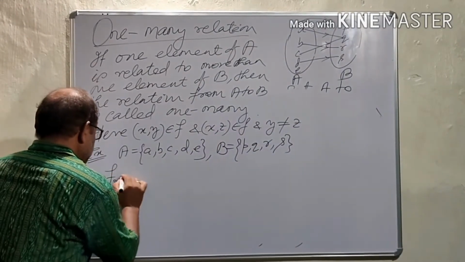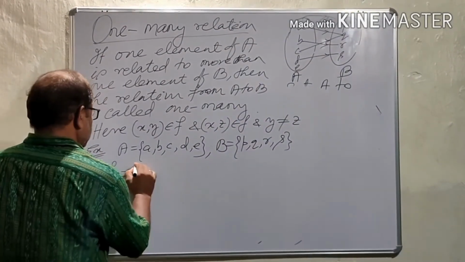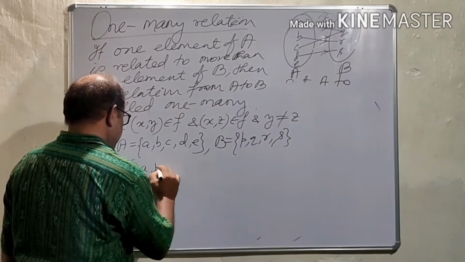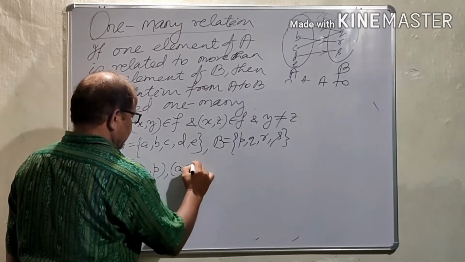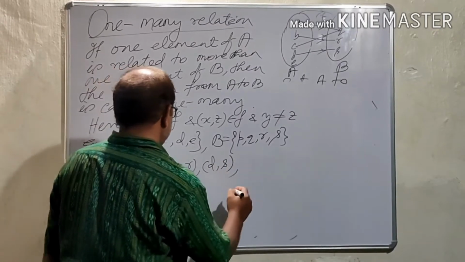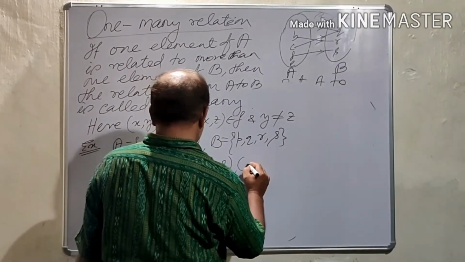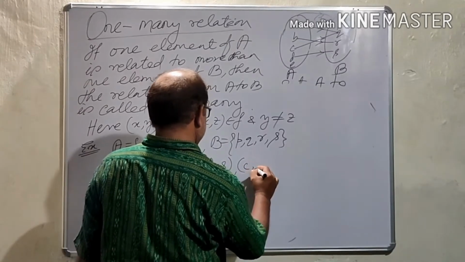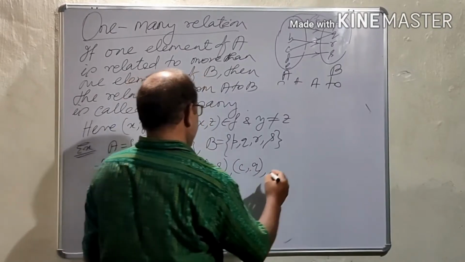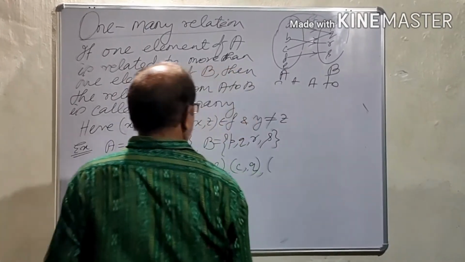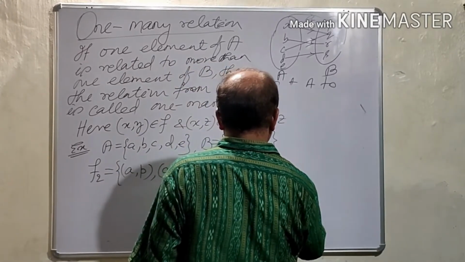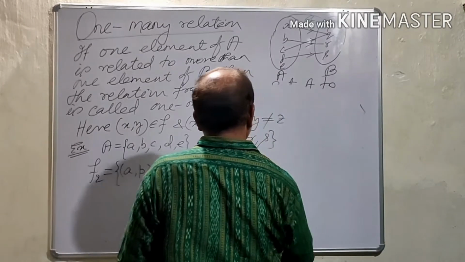We will take another relation from A to B, suppose it is one-many: (a, p), (a, r), (d, s), (c, s), (c, q), (a, s).